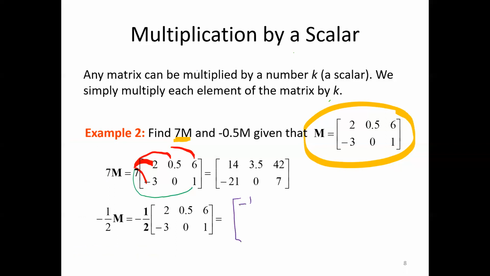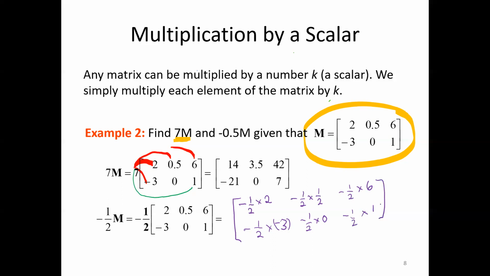It's minus half times 2, and minus half times half, and minus half times 6. And down there is minus half times minus 3, minus half times 0, and minus half times 1.